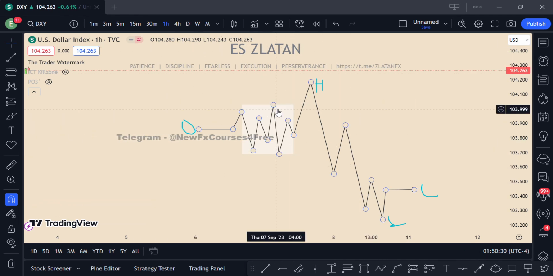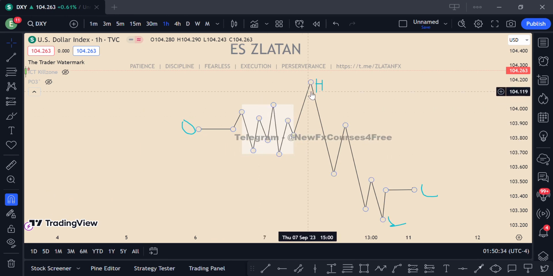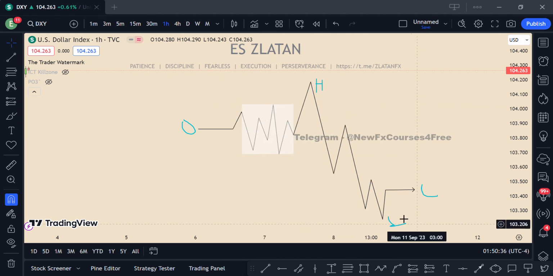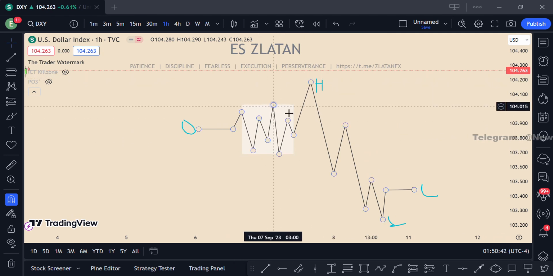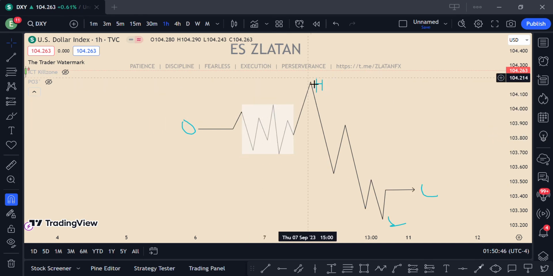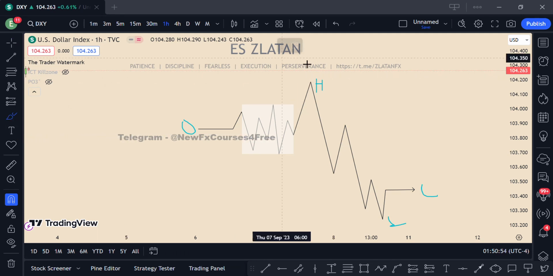So the aim right here is this: we want to be able to catch one of these. So it's either we catch the high, which is after manipulation, taking a previous day high or an Asian high most of the time, and then we create the high of the day. This is trade setup number one.